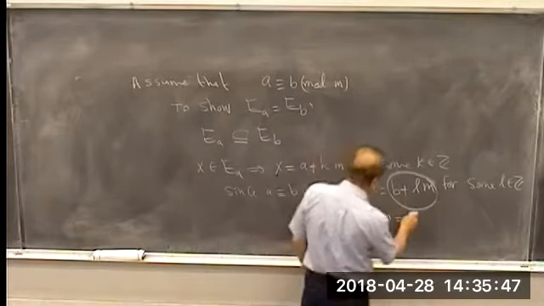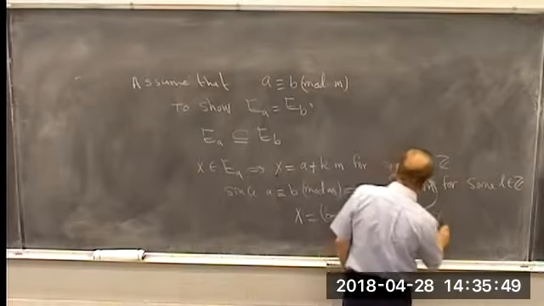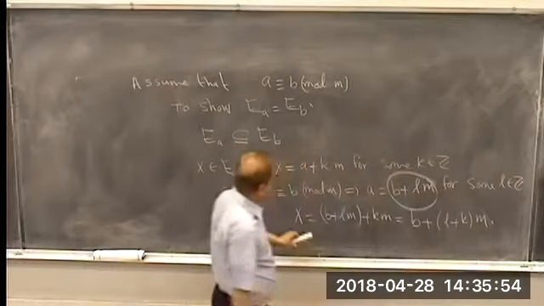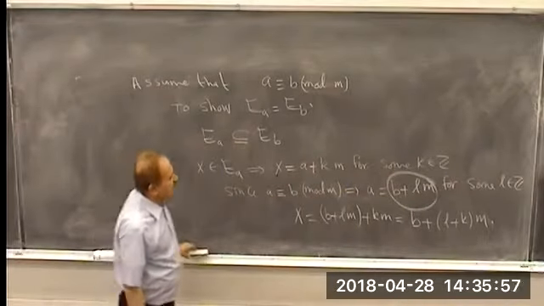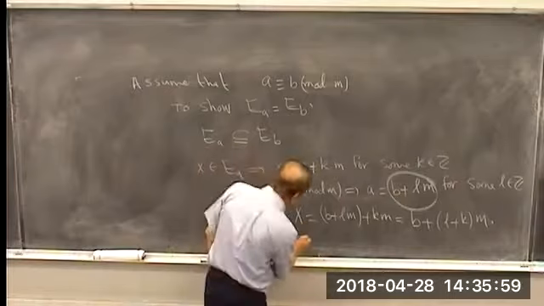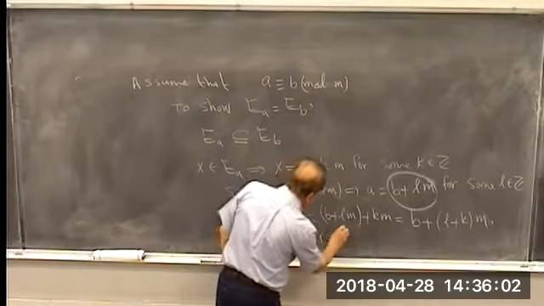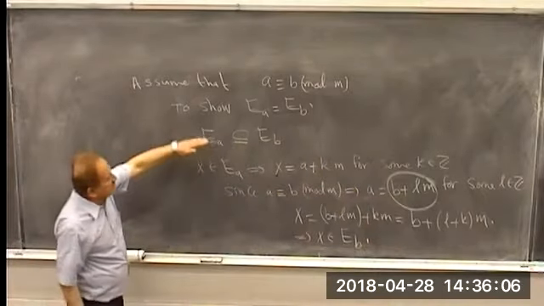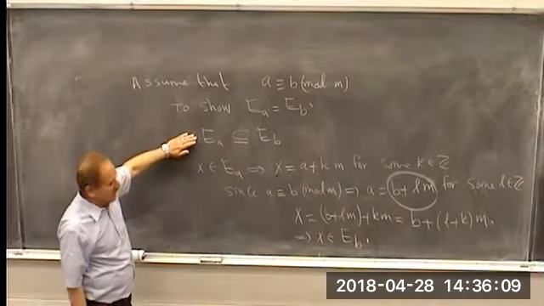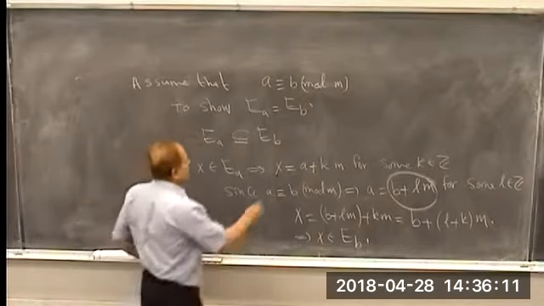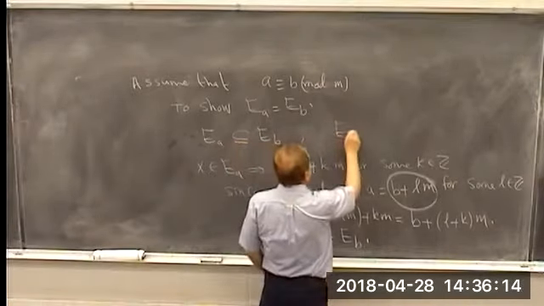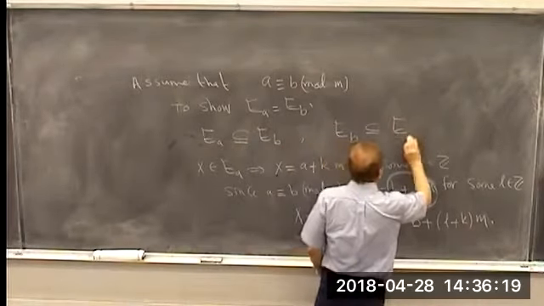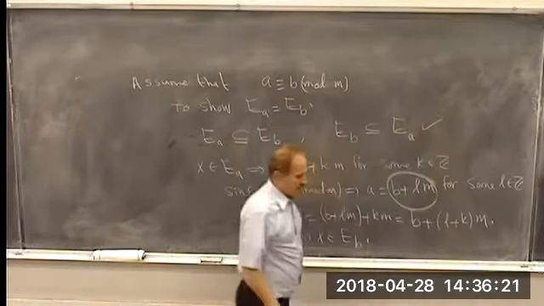Once again, we see this is B plus L plus K times m. And this means that actually X is in E sub B. So this shows it one way, and by symmetry of the argument, we have the other way around. So yes, this is true by symmetry, and then we are done.